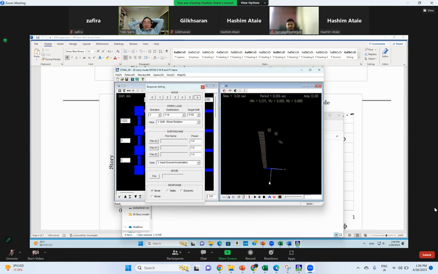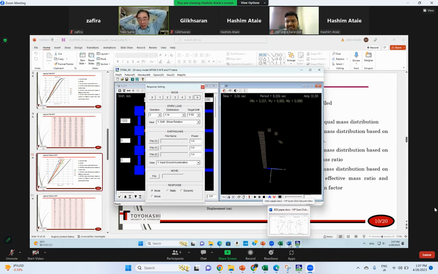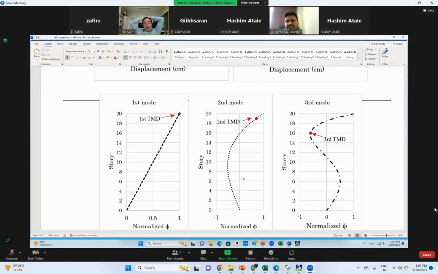Narayana, what do you think? Yes, Sensei, actually, according to the mode shape values, I think this is okay. But I also agree that these TMDs are becoming too close to each other. We don't know how it is. So, the optimum location of the TMD is also one research topic.